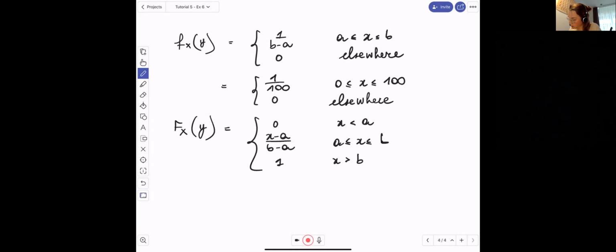So in our case in this exercise, we have 0 for x smaller than 0, x divided by 100 for x in between 0 and 100, and 1 for x strictly larger than 100. Okay, so we have our components now to calculate our twofold convolution.